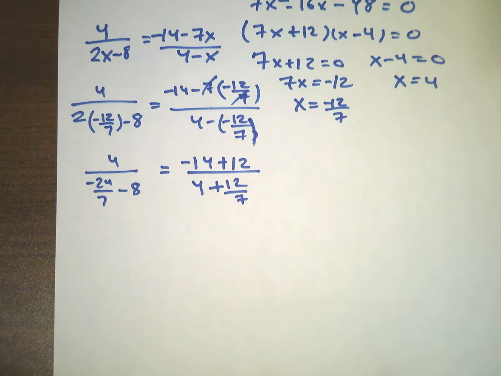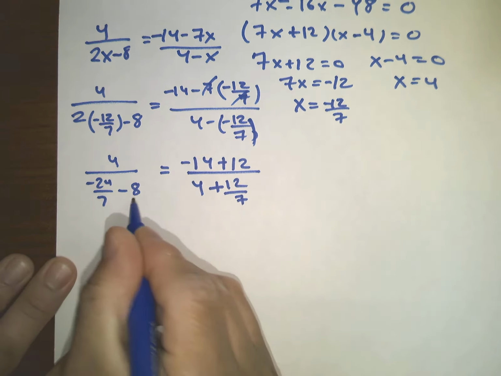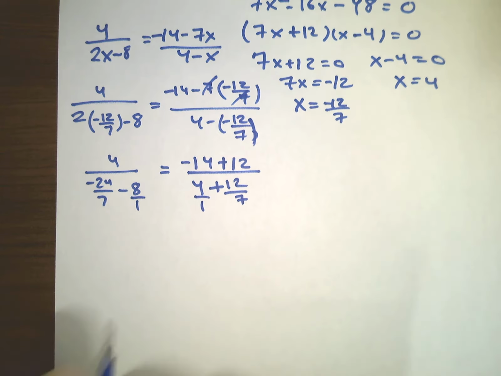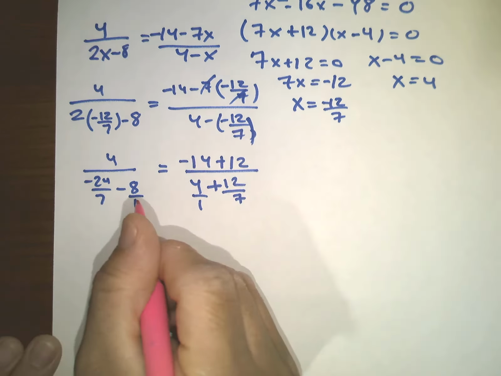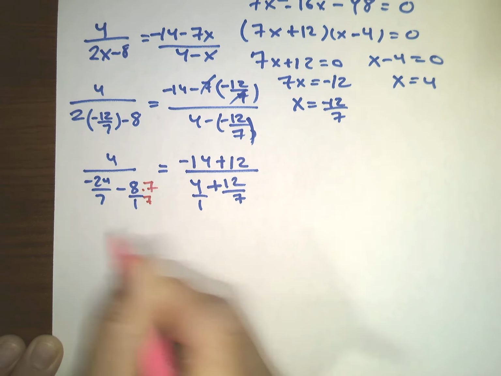So then what do I do? Well, here I make this 8 over 1, 4 over 1, and then I can find the common denominator, so 7 over 7.